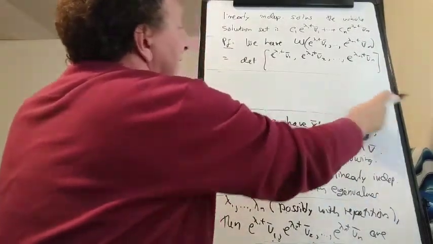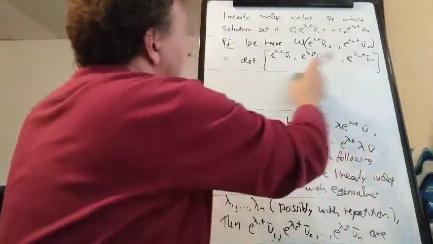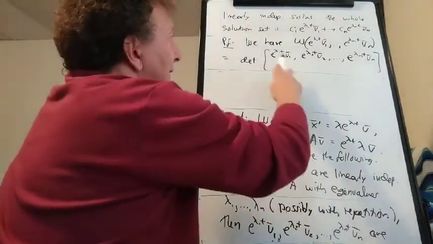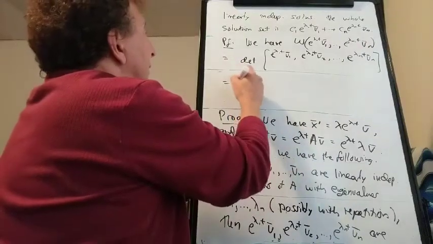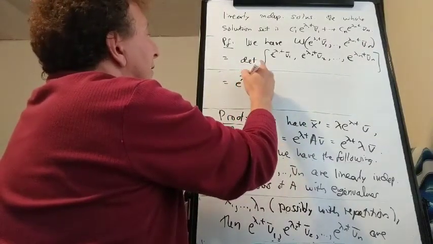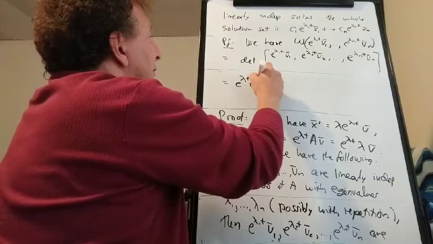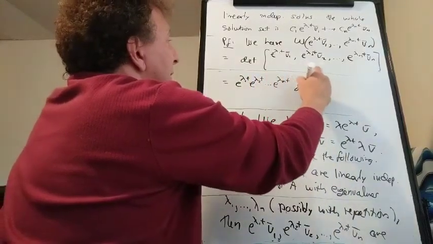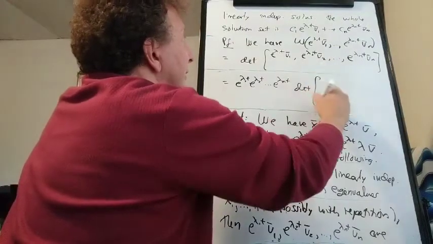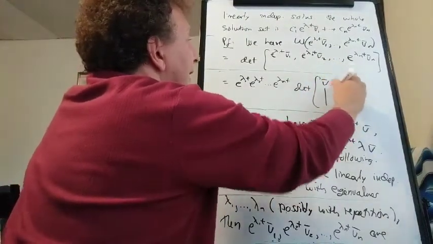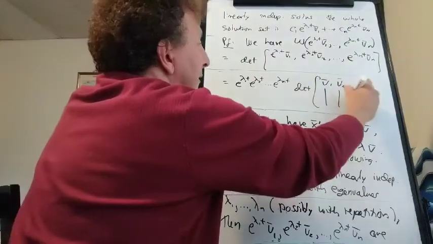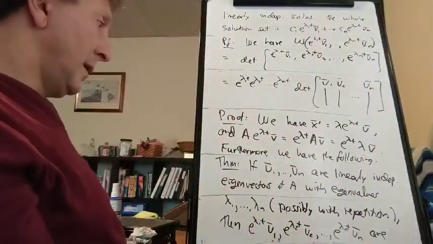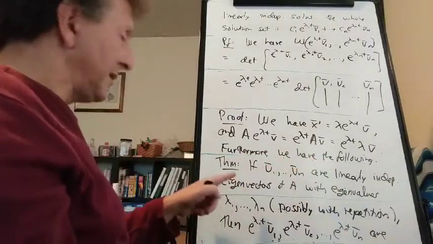Now if we have an entire column multiplied by a constant, we can take that out of the determinant. So for every single column here, we can take out the exponential part. So that's e to the lambda 1 t, e to the lambda 2 t, etc., e to the lambda n t, determinant of just the eigenvector matrix. And we said these were linearly independent eigenvectors.